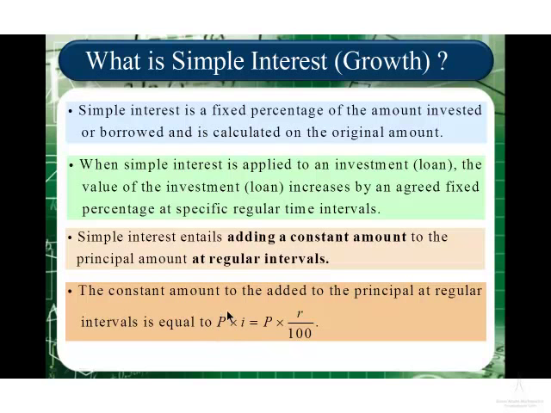P is the principal or initial amount times the interest rate in decimal form. One can also have the formula in terms of the interest rate as a percentage R, but then you have to divide by 100. So this is then the constant amount to be added to the principal at regular intervals to constitute the simple interest growth in such a situation.